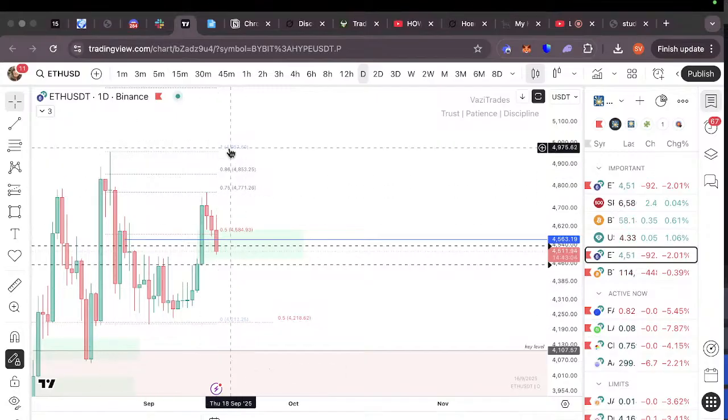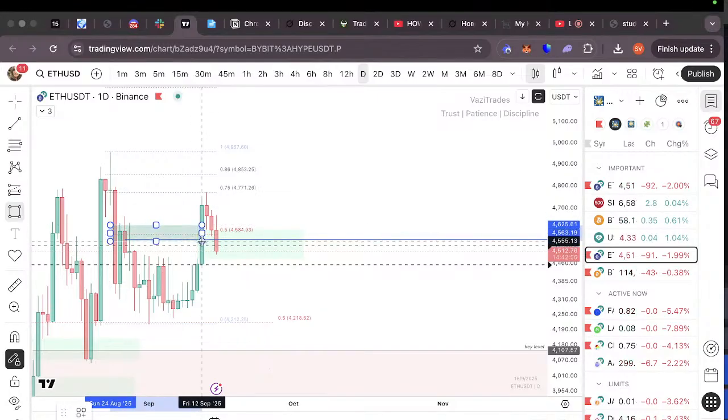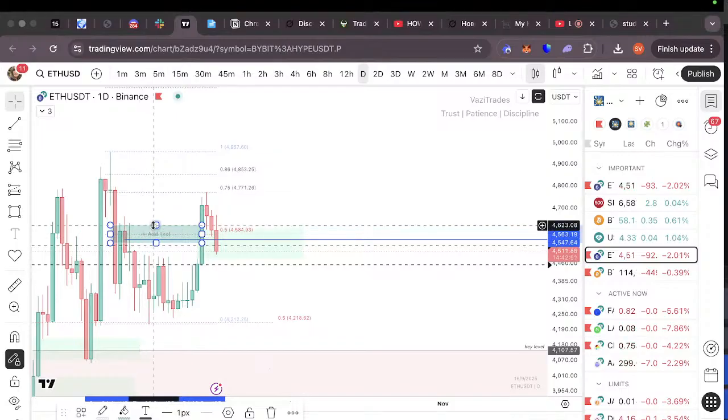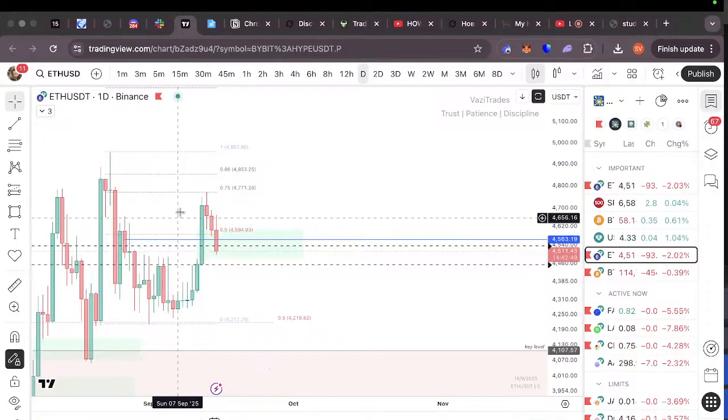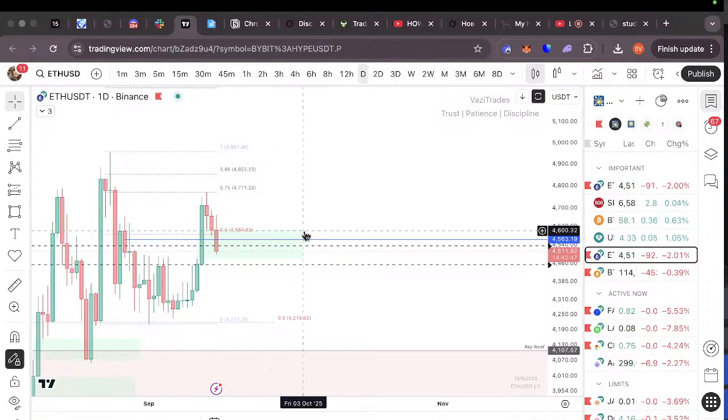And the top was around 4,957, right? Then I put this Fibonacci. Before, here on a lower time frame, you could also see an FVG as a resistance. Now this FVG disappeared and appeared this green FVG as a support.